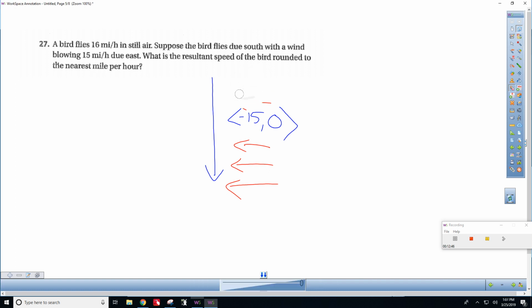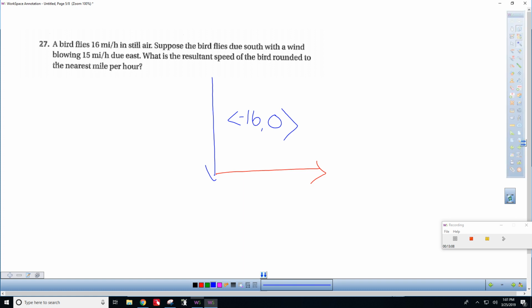The wind is blowing east, so it's blowing this way. It's flying 16 miles an hour in the southward direction, and the wind is blowing 15 miles an hour in the eastward direction.